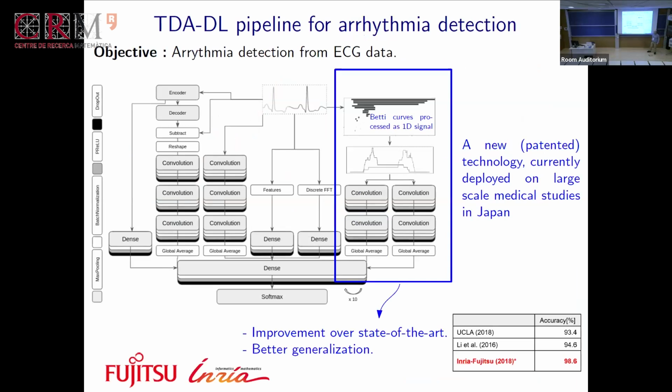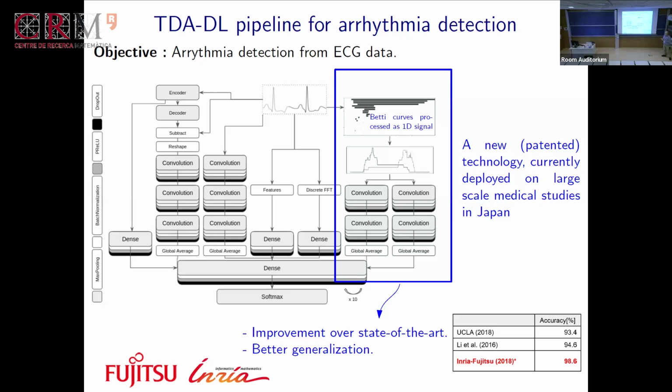This is just an example, I won't detail it. A few years ago, we were working on the development of tools to detect or classify some kinds of arrhythmia from ECG, which are in fact one-dimensional functions. By adding to a general machine learning architecture a part dedicated to processing the persistence of the ECG, we succeeded in improving over the state of the art in the detection of arrhythmia.